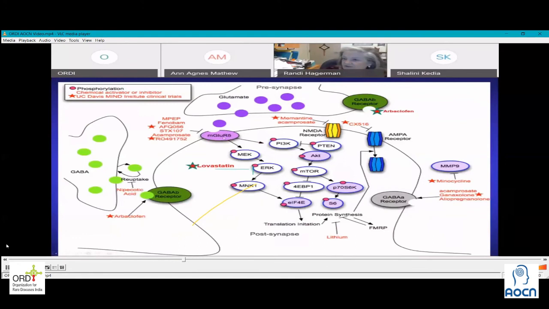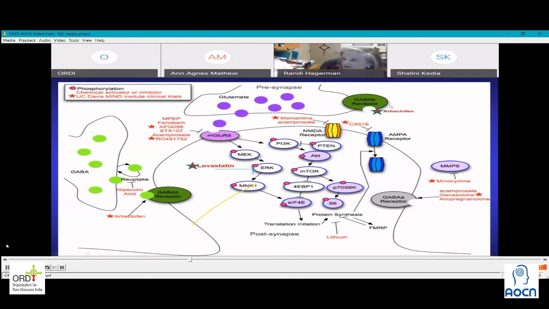And again, this involves this MEK-ERK pathway and also the PI3 kinase, PTEN, AKT, mTOR pathway that's overactive in Fragile X syndrome, but also GABA agonists such as arbaclofen have been tried in the past and did show benefit in Fragile X children, and there will be more studies of arbaclofen in the future.